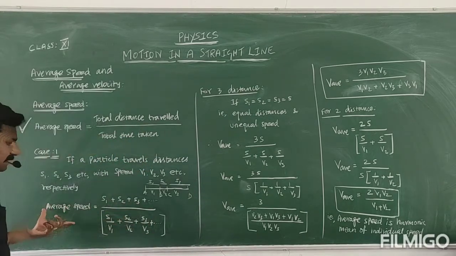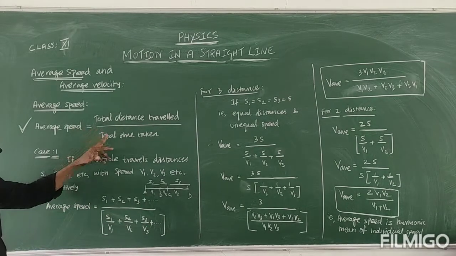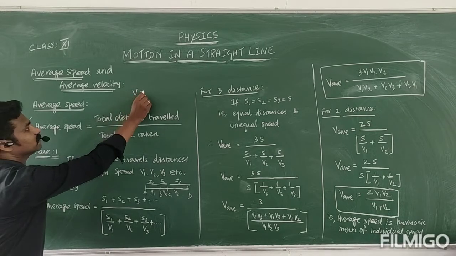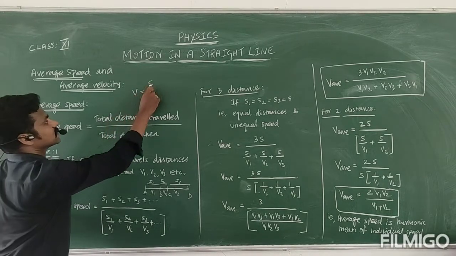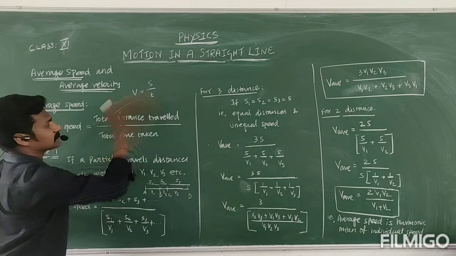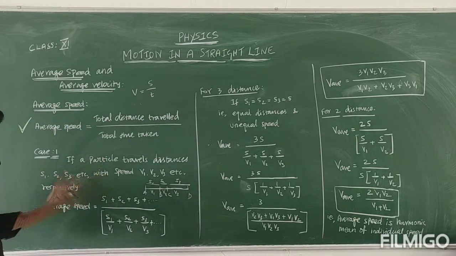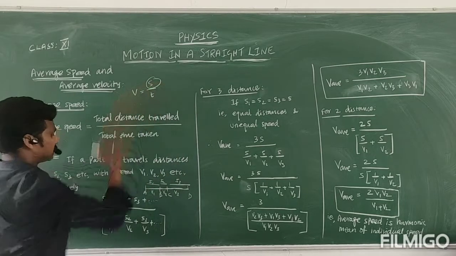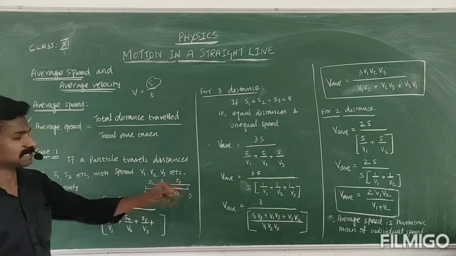So here we can write the average speed as total distance divided by total time taken. Generally the speed is v, the distance is s, and the time is t. But I didn't mention any time here. So simply I can write total distance as S1 distance, S2 distance, S3 distance.